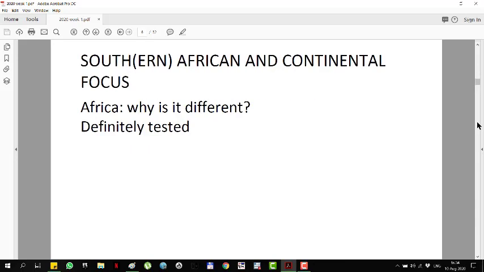Okay, let's move on to Southern African continental focus. So our focus is Africa. And why is it different from all the other countries? Automatically speaking, the main difference, well, there are a lot of countries who would have faced the same thing, but our continent, Africa, is colonialism.